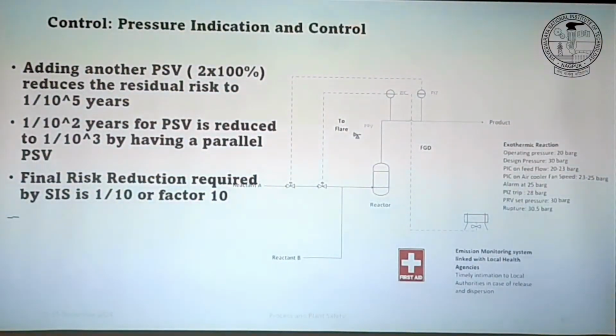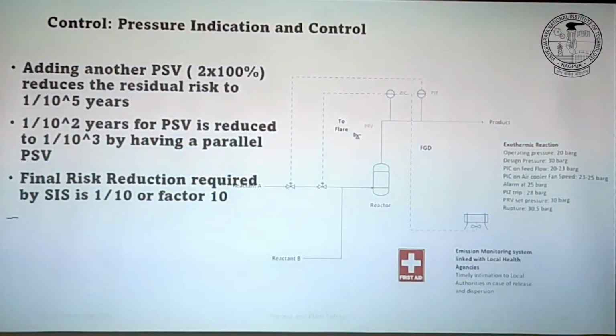Because all I need is controlled release of my vapor or liquid, whatever. So if I install one, it can fail 1 in 100 years, but if I have two, you can argue that when you need it, both can fail. So 1 in 100 years happens coincidentally at the same time. So finally, the risk reduction required is a factor of 10 after considering this PSV also.